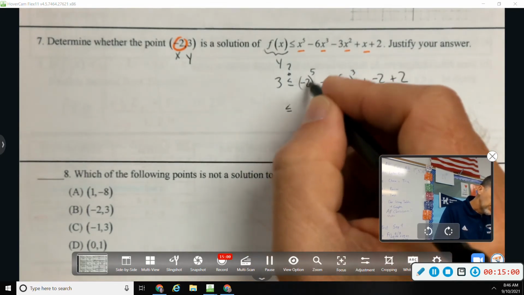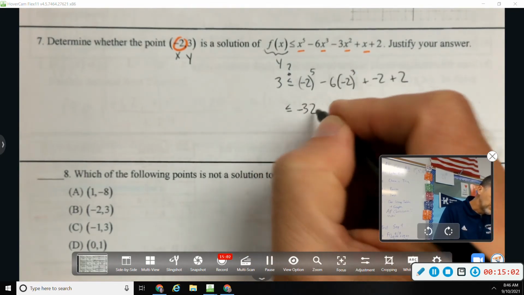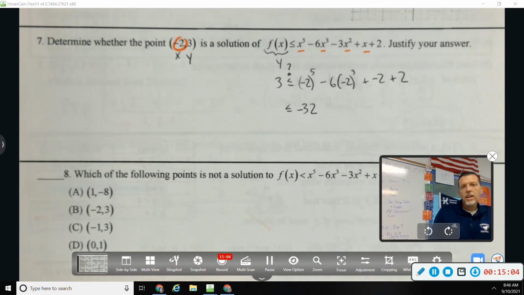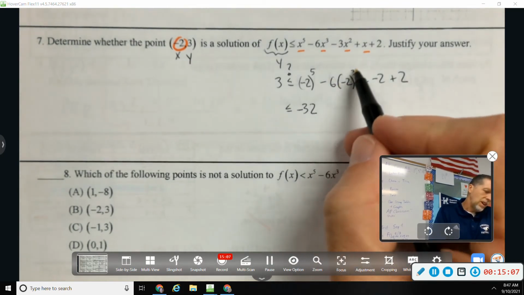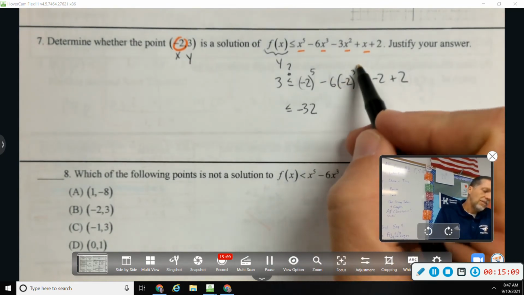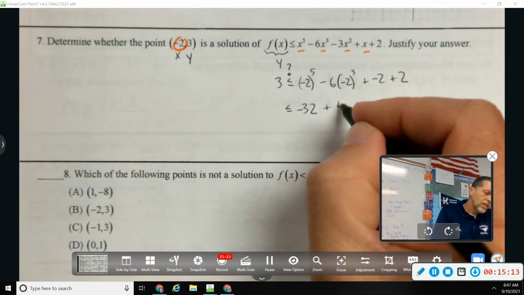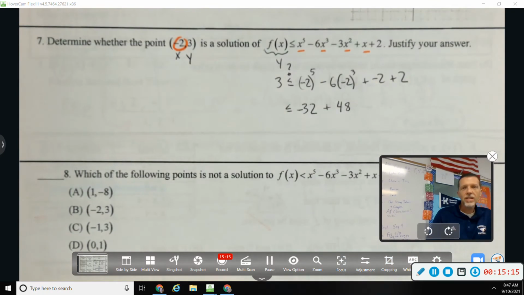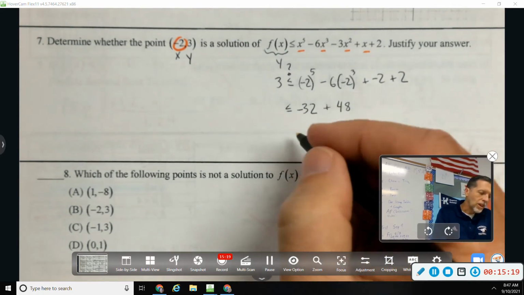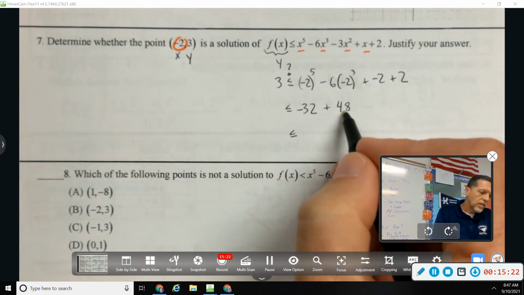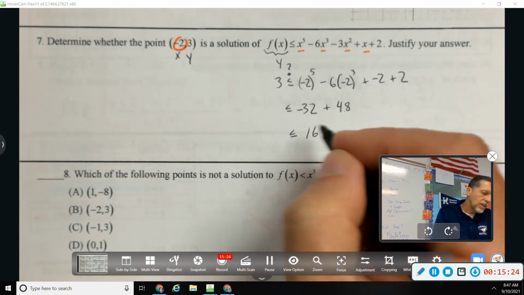So let's see, that'd be negative 32. This is going to be negative 8 times negative 6. It's a positive 48. And then the minus 2 plus 2, those can cancel out. 48 minus 32 is 16.